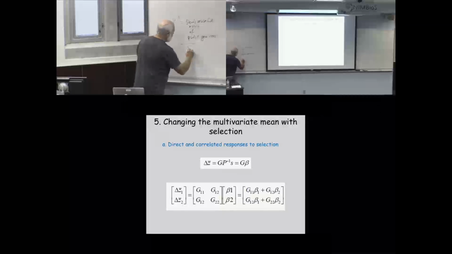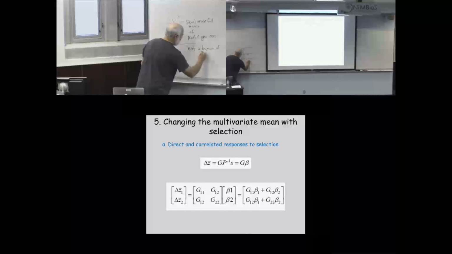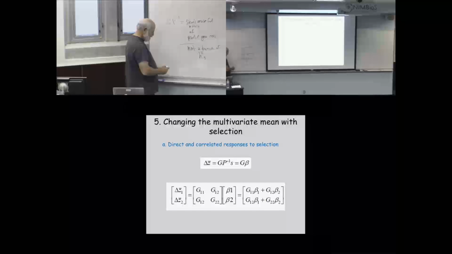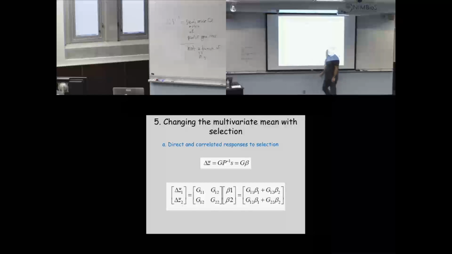It's not a bunch of H squares. Would be nice if it was, but it's not. All right, but we question? That's not even true. It's not true? No, it's a mess. Okay.